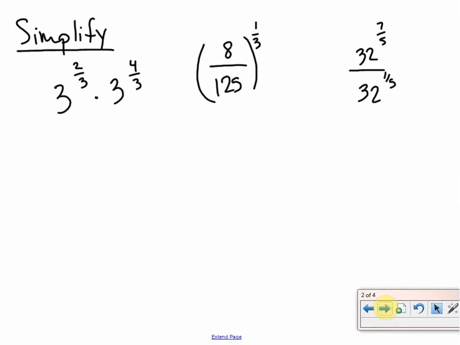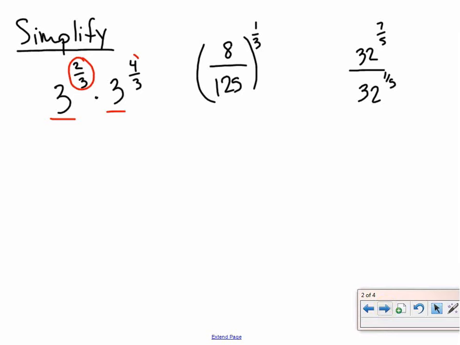So we are just going to apply our radical rules like we learned in topic 6 to complete these problems without a calculator. In the first example, I have 3 to the 2/3 times 3 to the 4/3. I have 2 values with the same base. Remember back to topic 6, when you have 2 values with the same base, you add the exponents.